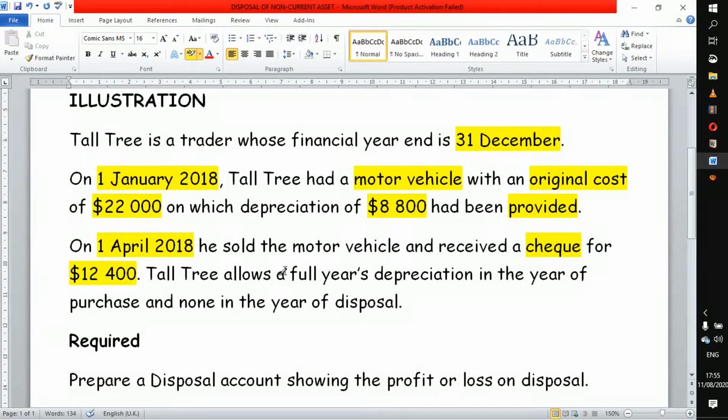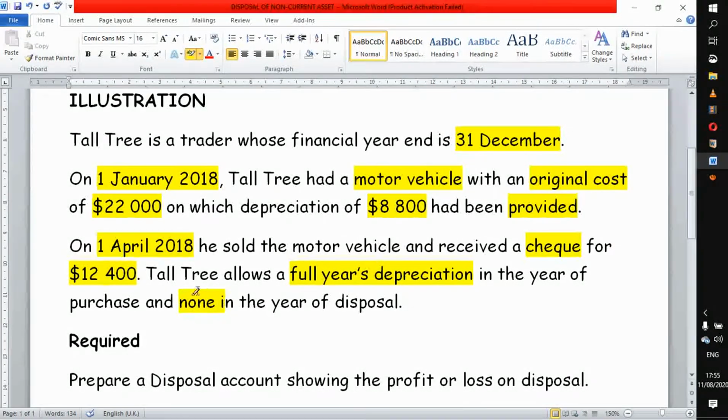Toll Tree allows a full year depreciation in the year of purchase, but none in the year of disposal. This condition is very important for us because it means that in the year the asset was bought, it was depreciated fully, as if it was owned for the whole year.